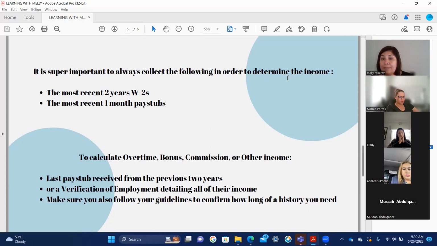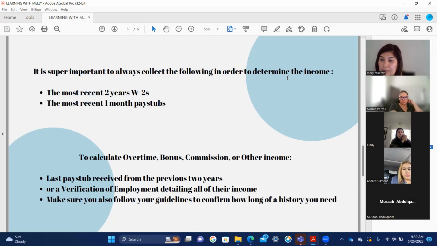And same thing when you're reviewing the photo ID and you see a different address, that's when you'll do a letter of explanation, where the client will say, my address on the driver's license is different, I use my mom's address for all my mailing, or whatever the reason may be, or it was my previous address and I haven't changed it, because the underwriter will question that.